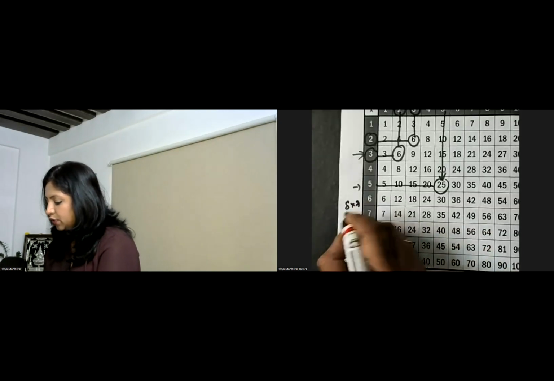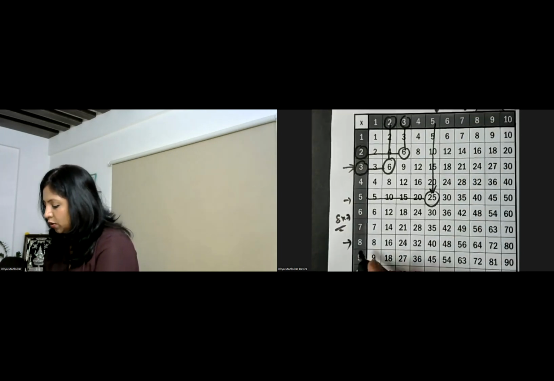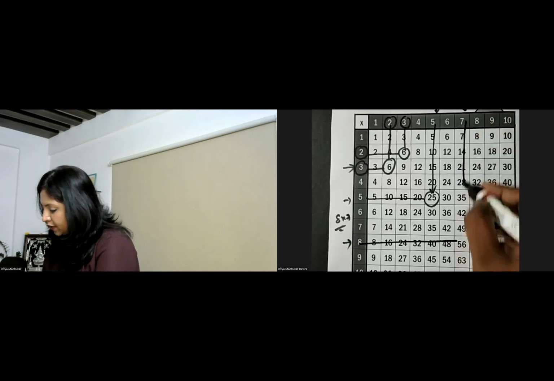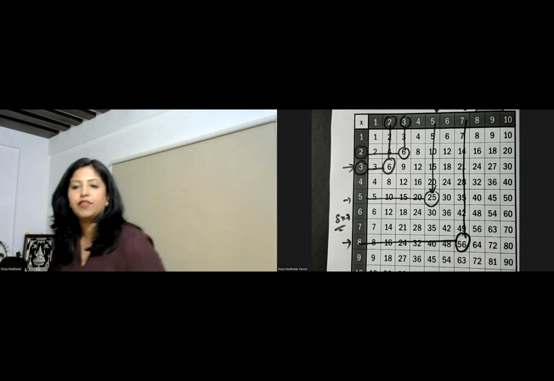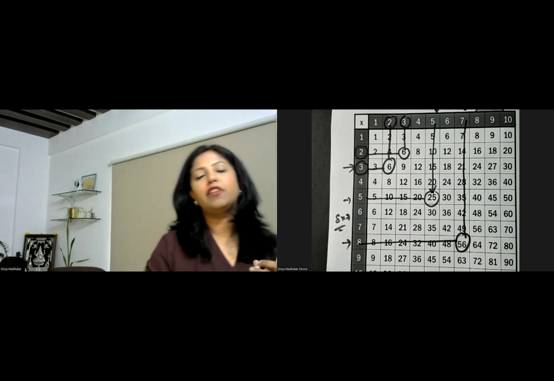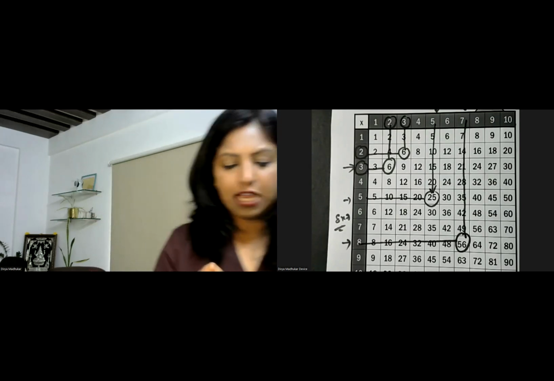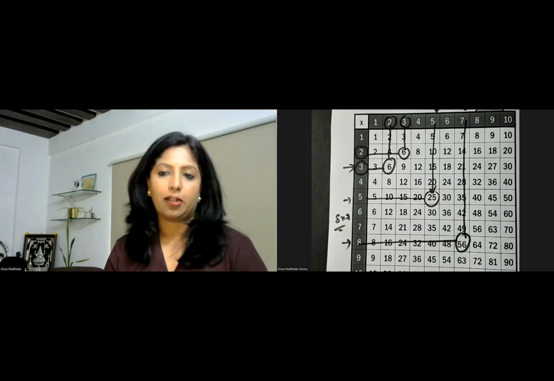First finger on 8, second finger on 7. So 8 times 7 is intersecting at 56. So it helps the child also to identify how this multiplication grid is actually formed. So this is your multiplication chart.